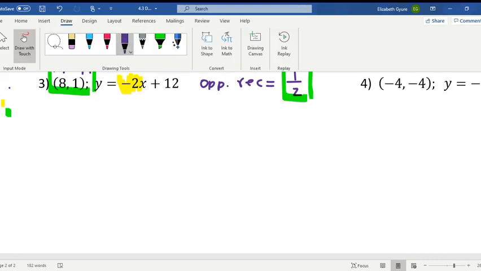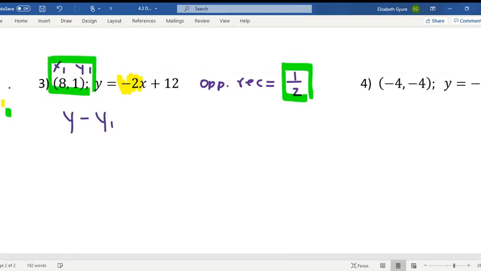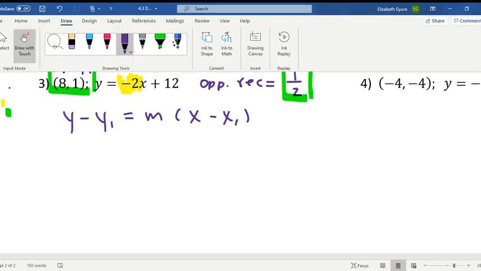So that formula is y minus y1 equals m times x minus x1. So what we do for something like this, Alex, is we take our y1 value, which is just this y in the point, right? And it's going to go in here. Take your slope, put it in for m, and then take your x1 value and put it in for x1, okay? So let's plug that in.